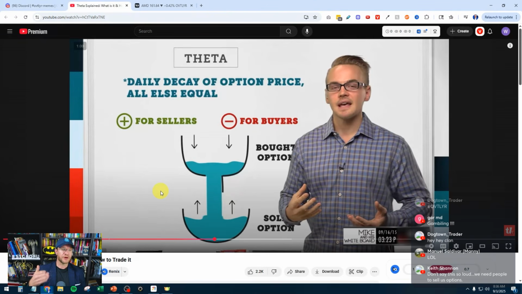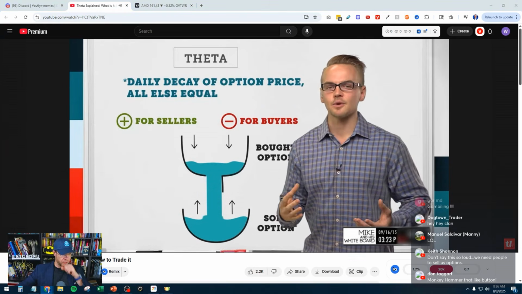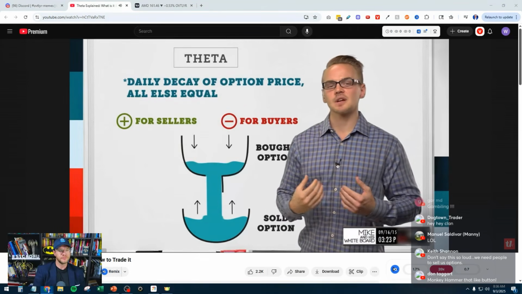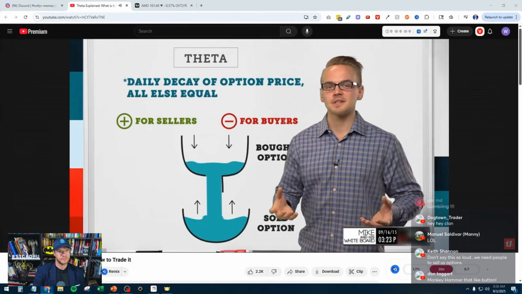Or if you are an option seller, you have to sit and wait and wait. Whereas the option buyer could be in and out and on his way. And bad for option buyers. And that's basically the case for any type of trade. Even if I'm buying a debit spread, theta is still going to be working against me. So that's why we like to stick to premium selling opportunities.